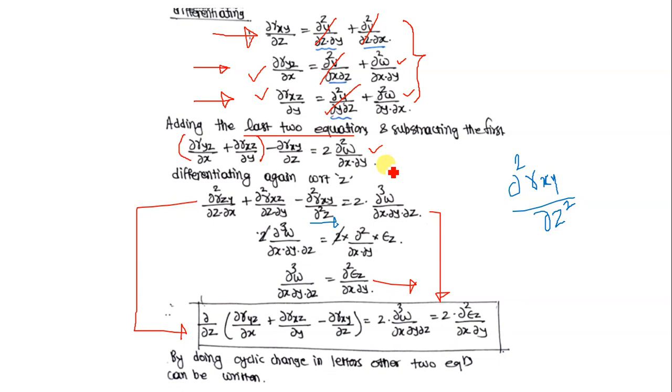Now again let us differentiate it with respect to z. If we differentiate the left hand side with respect to z, now ∂z will appear in the denominator, and the order is 3 because this is differentiation for the second time, and this is the third term.